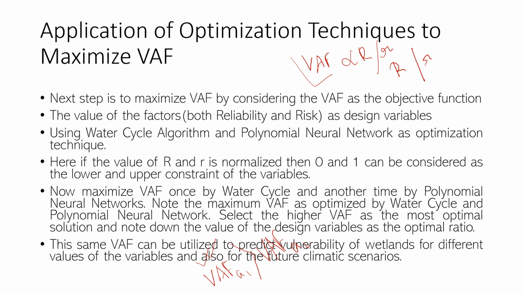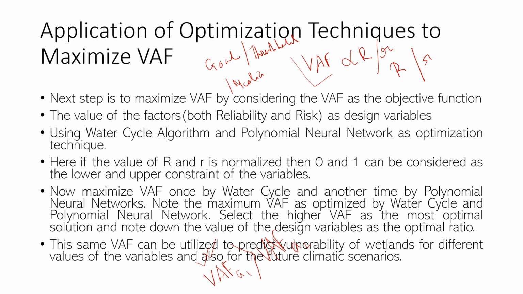Okay, so actually this maximized VAF or optimal VAF is giving you a goal or a threshold or a median to represent the degree of vulnerability of the current status of the wetlands.